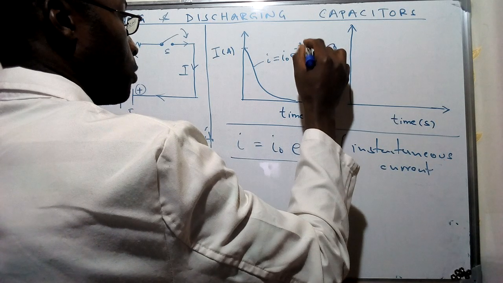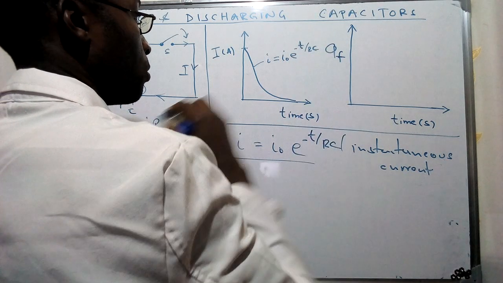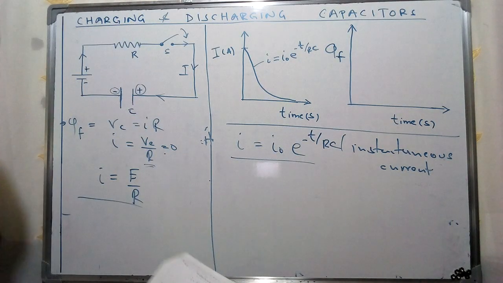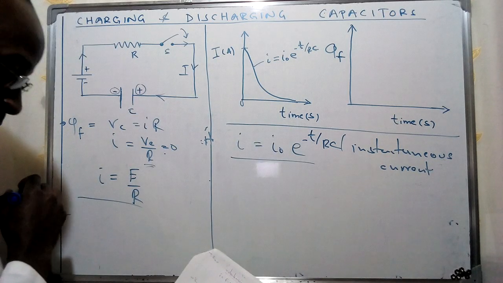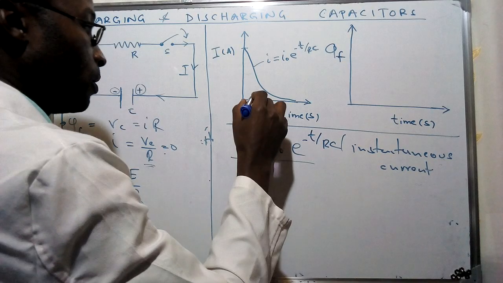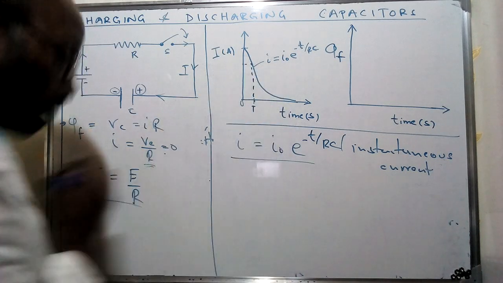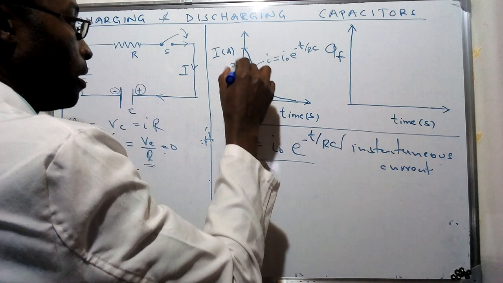over RC. So this is going to be time over RC. From the decay curves, we're going to see the nature of this graph, I hope it's legible from your end. Suppose at a particular time t, the current is going to be at around T2.